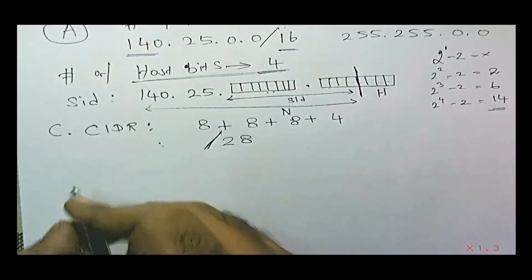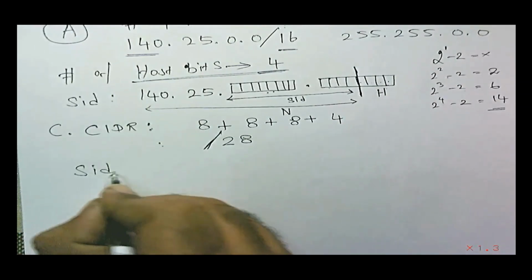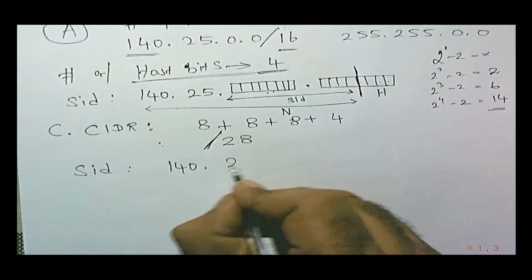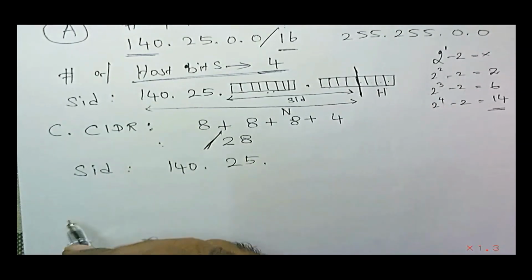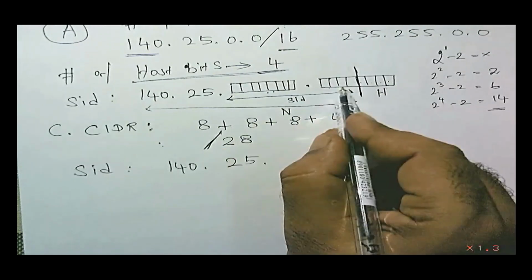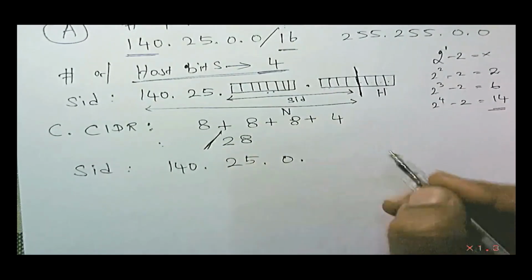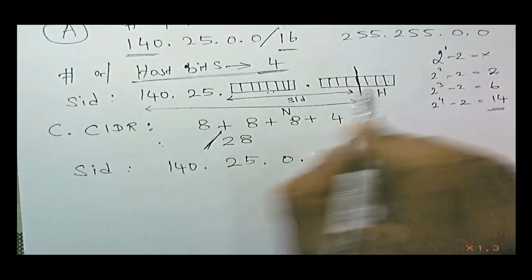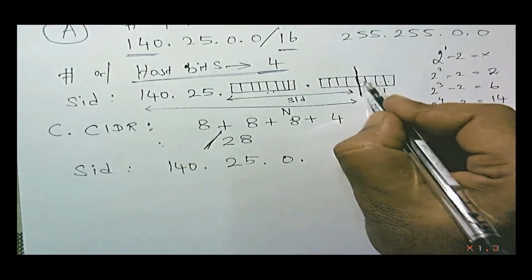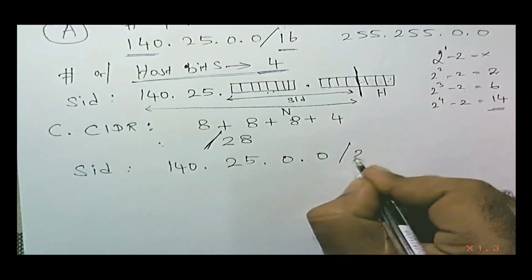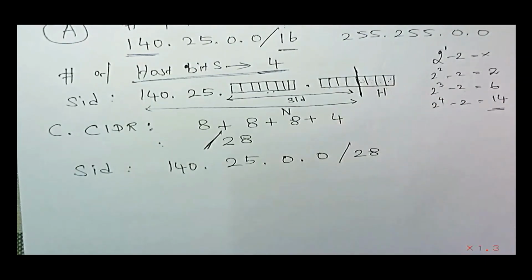Now let us go for the subnet ID. The first octet is 140, the second octet is 25. This is going to be the first subnet, so everything is going to be 0 here. The third octet is going to be 0. The formula for the subnet ID is to make everything 0 in the host part. So this is going to be our subnet ID.